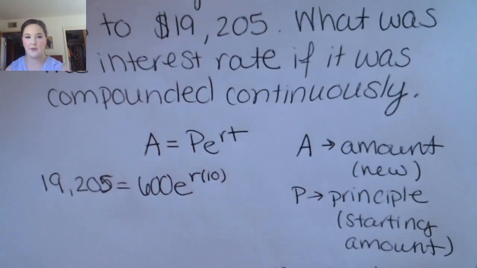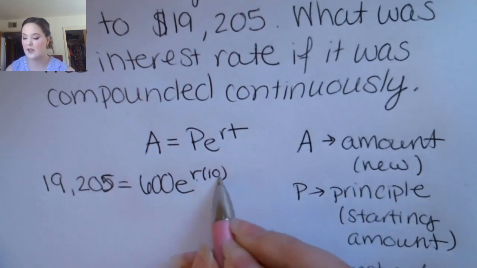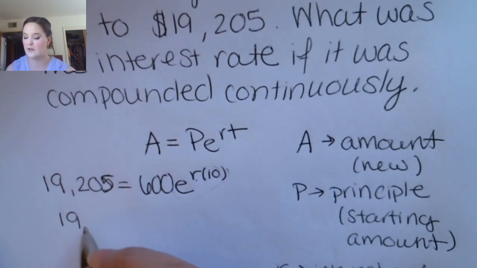This is an exponential equation because the variable is in the exponent. The first thing I'm going to do is isolate the exponential part here by dividing both sides by 600.